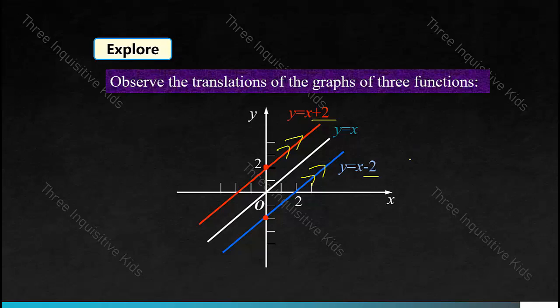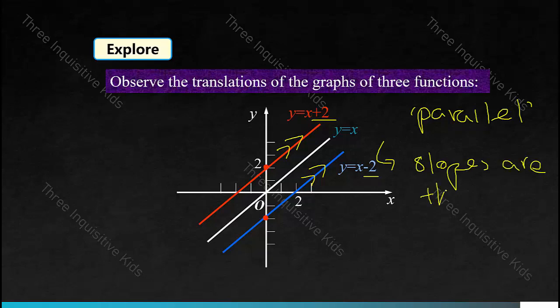So in algebra and in problems relating to linear functions, whenever you hear the word parallel, you have to start thinking slopes are the same. What do I mean by slopes? I mean the speed that they're increasing or decreasing by.